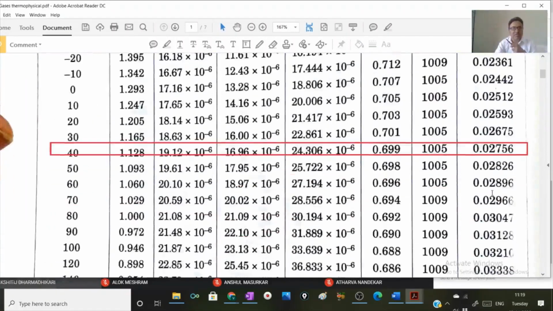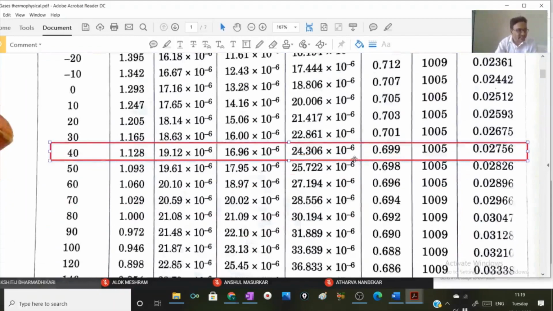Rho is 1.128, mu is 19.12 into 10 to power minus 6, nu is 16.96 into 10 to power minus 6.